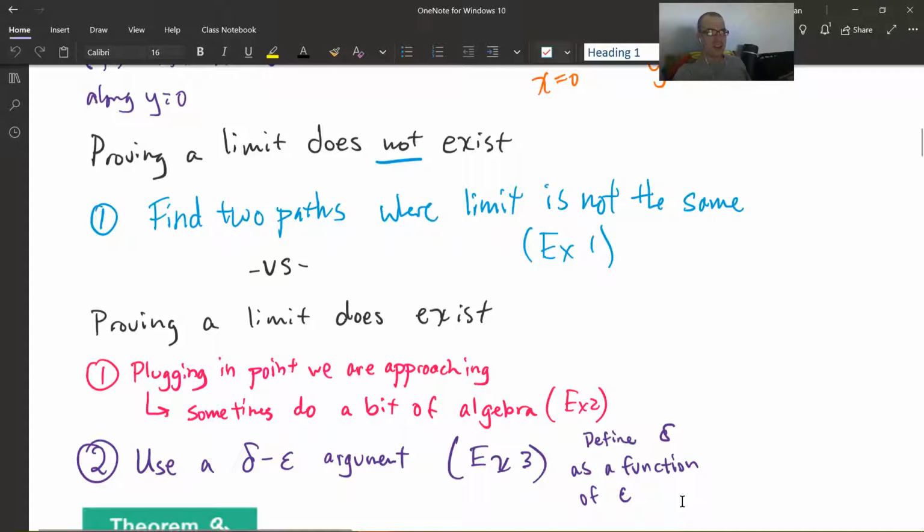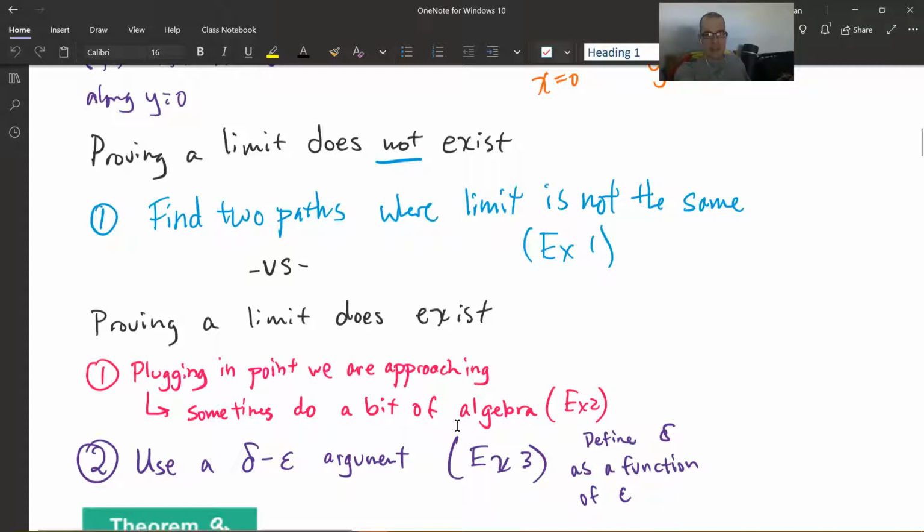But the way the proof goes is that you want to be able to make epsilon arbitrarily small. So that's actually more taking on the role of an input in the limit argument. And then the delta is kind of your output telling you exactly how large or small you want your circle to be.